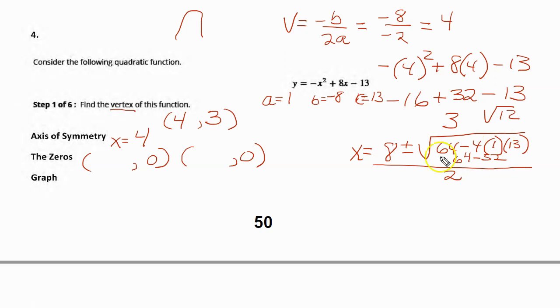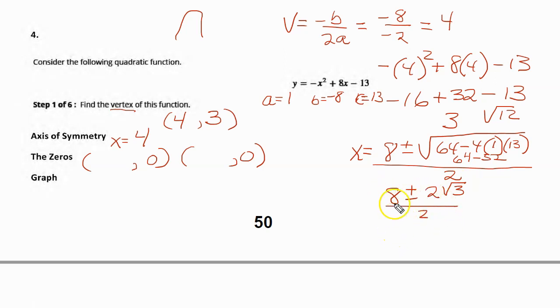Now, digging into our toolbox, we're going to get x equals 8 plus or minus. Now, the square root of 12 is the square root of 4, which is 2, times the square root of 3. Okay, and that's all over 2.